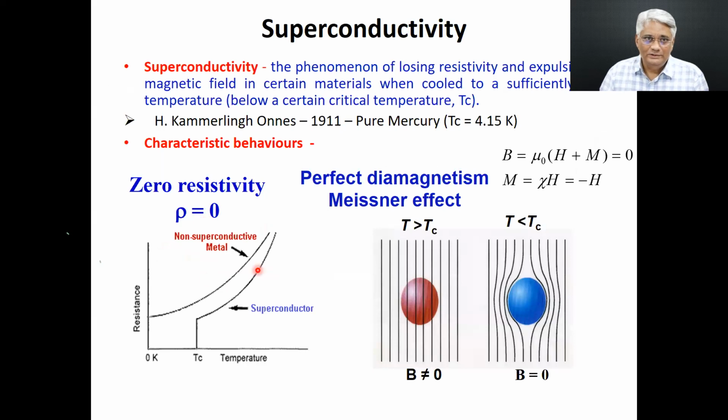Yeah, this is what I was mentioning about. A non-superconducting metal shows a behavior like this, a T-square behavior. This is also called a Fermi liquid behavior. For a superconductor, if a normal metal is becoming a superconductor, at the point where it loses its resistance, the normal state resistivity is almost retained, but you get zero resistivity.